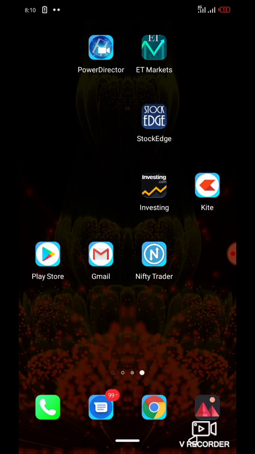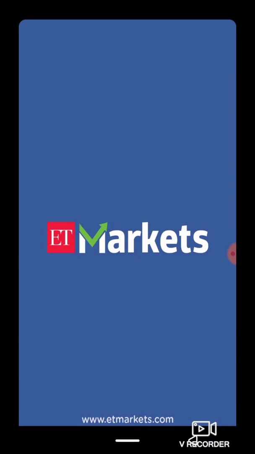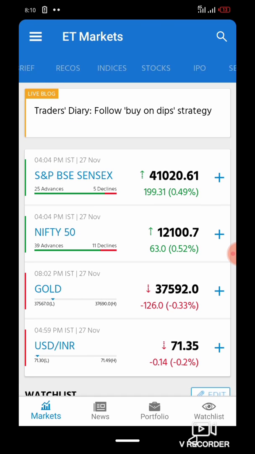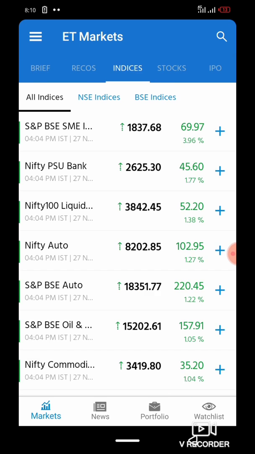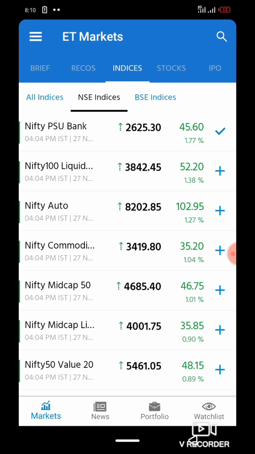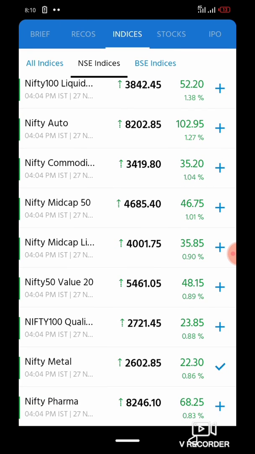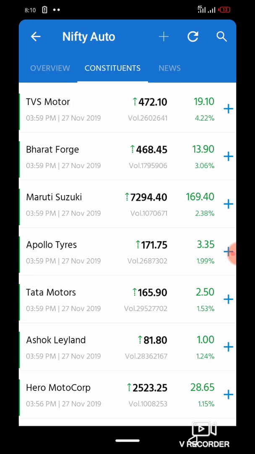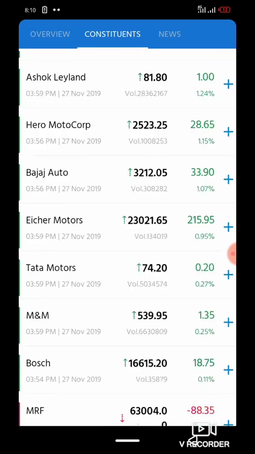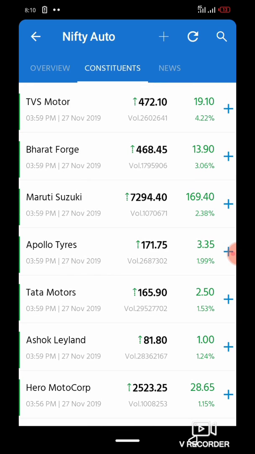And on intraday, if you want to search, you can use ET Markets and go to indices and check which sector is too positive. Okay, if you see this auto, go to this, you see here these stocks, according to the sector you have to select the intraday stock.